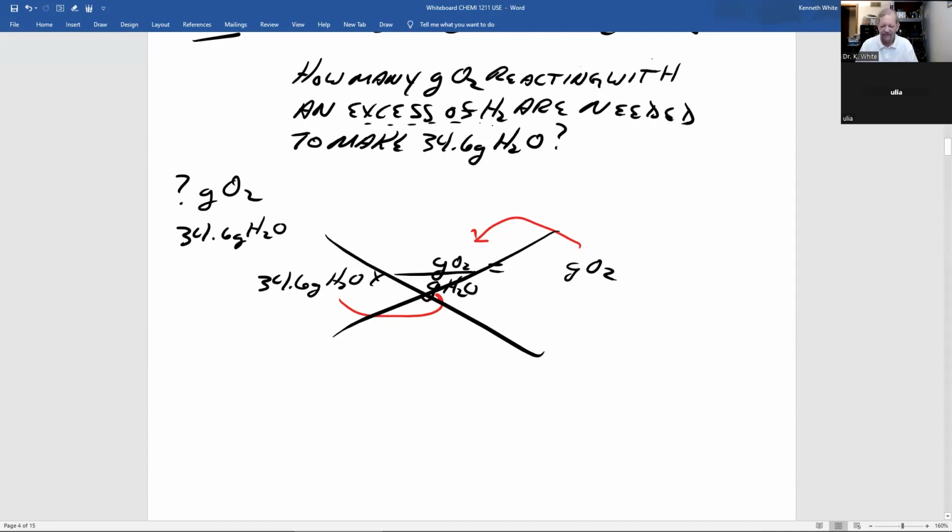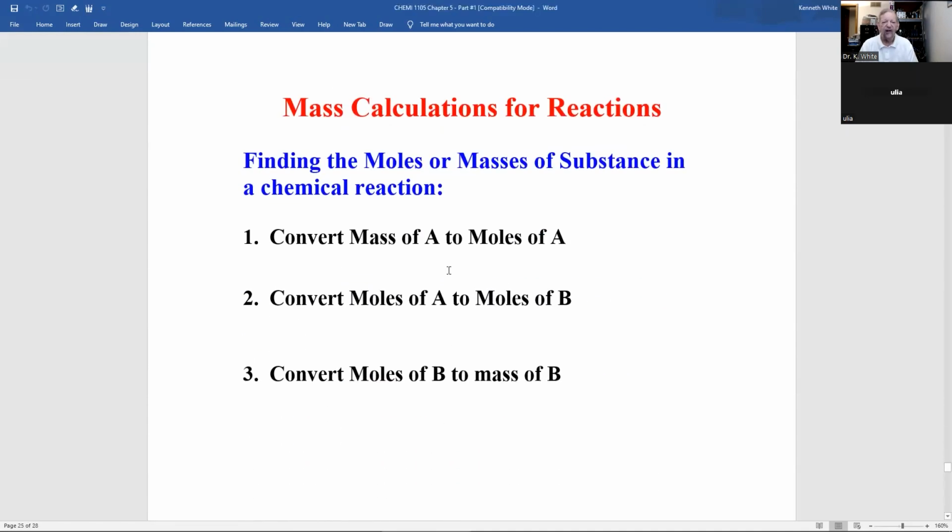Well, you use mass calculations for reaction. Finding the mass of a substance in a chemical reaction. They need three steps.